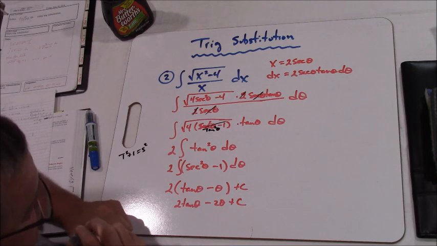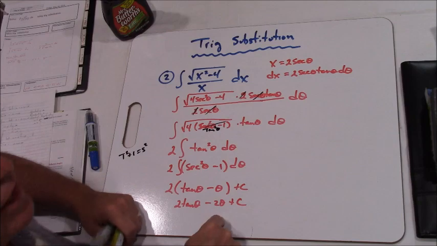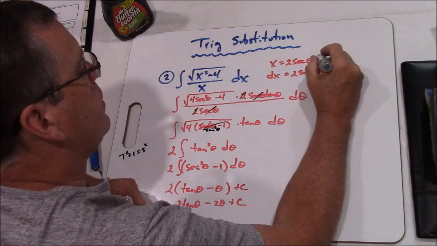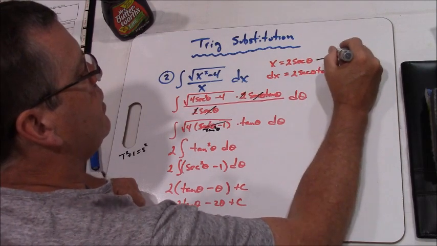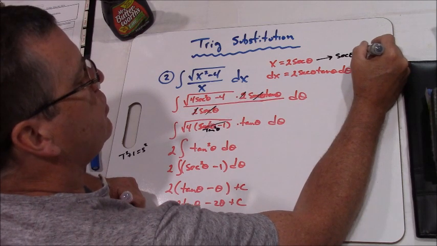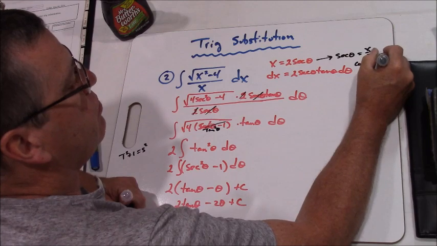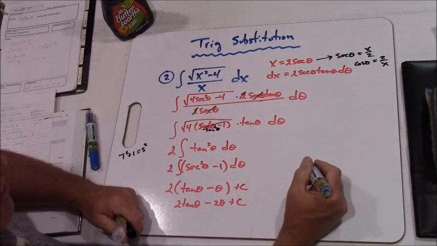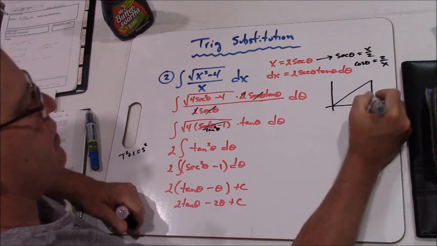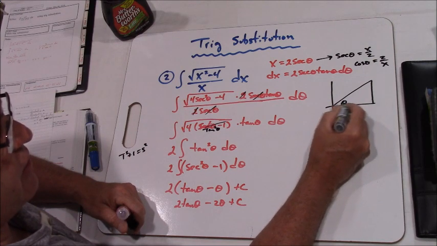But then I have to remember that I didn't start with thetas, I started with x's, so I have to convert this back to an answer in terms of x. I'm going to take this right here and say that secant theta is equal to x over 2, which really means cosine theta is equal to 2 over x, just the reciprocal. So when I make my triangle here, remember, your reference angle, theta, always has to touch the x-axis.